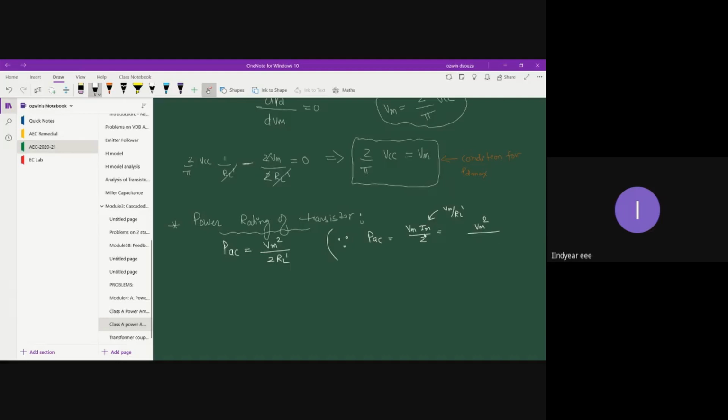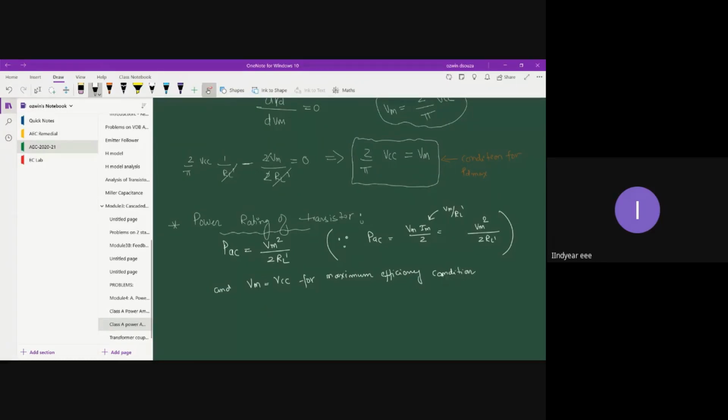And we also know that Vm is equal to VCC for maximum efficiency. Therefore, PAC maximum.